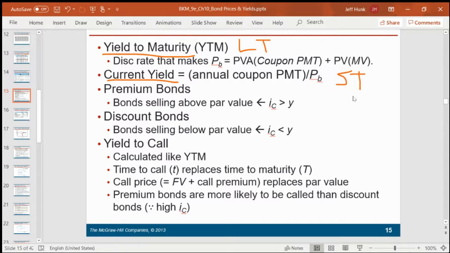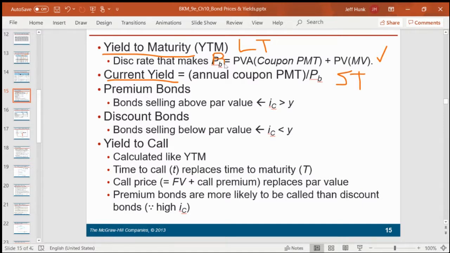But I also defined it as the internal rate of return. And what is internal rate of return? Internal rate of return is the discount rate that makes the left-hand side of this equation equal to the right-hand side. And what is this equation? Isn't this basically bond valuation?